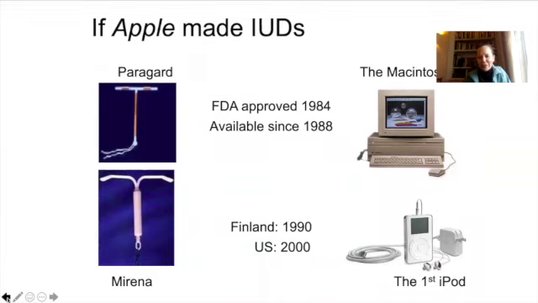And it took a full 10 years for that to come to the US. That was 2000, right when the first iPod was introduced. And in many ways, this 52 milligram IUD remains the standard bearer. So we haven't done a lot beyond where we were back in the Mac and first iPod generation.